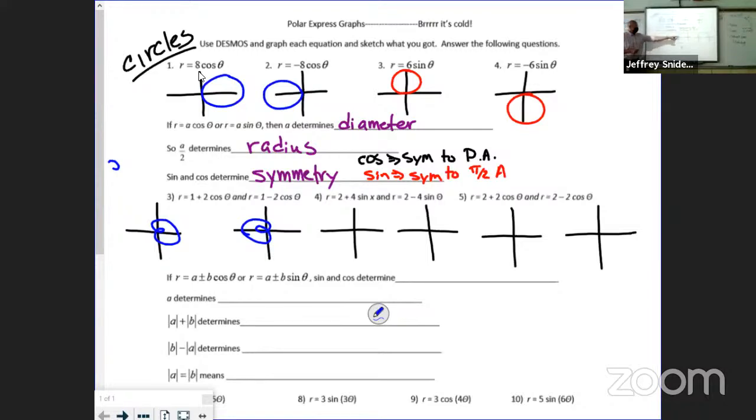The sine ones, the symmetry follows just like it did up here. This one ends up being on top, and it kind of goes like this. Maybe redo that one. I'm not happy with that one at all. It goes kind of like this. And this one's on the bottom part.